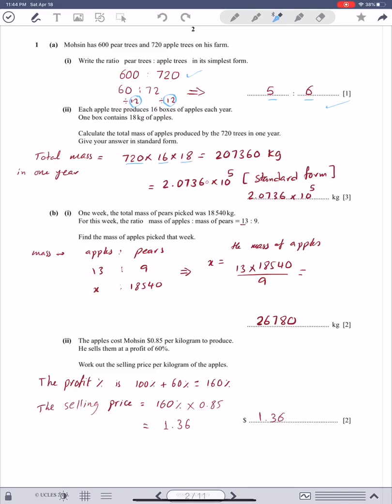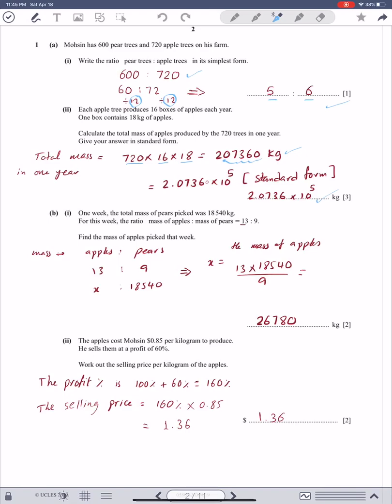Each box contains 18 kilograms. Multiply them, you'll get 207,360. This is standard form. It's easy for all of us, of course. You move 1, 2, 3, 4, 5 places to reach one whole digit, getting the answer.